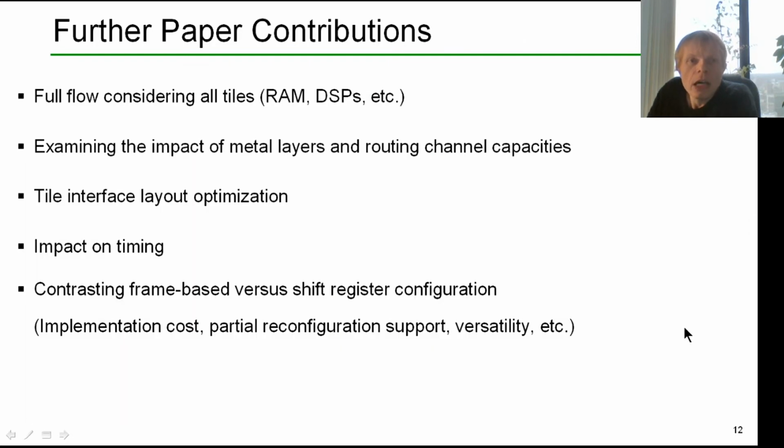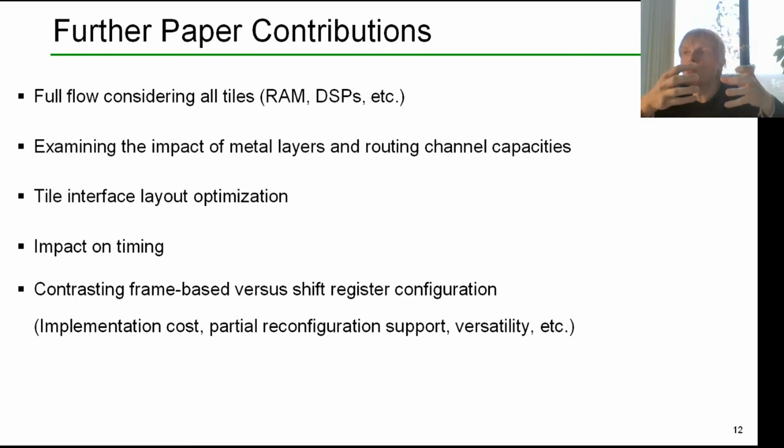Okay. Other paper contributions that I will not go into much detail due to time constraints is we consider a full flow that considers the RAM, DSP or whatever other block that you have, because there are some dependencies, and that describes how it's resolved. I mentioned the impact on metal layers, but there is more, that we also look into the routing demand created by different channel capacities.